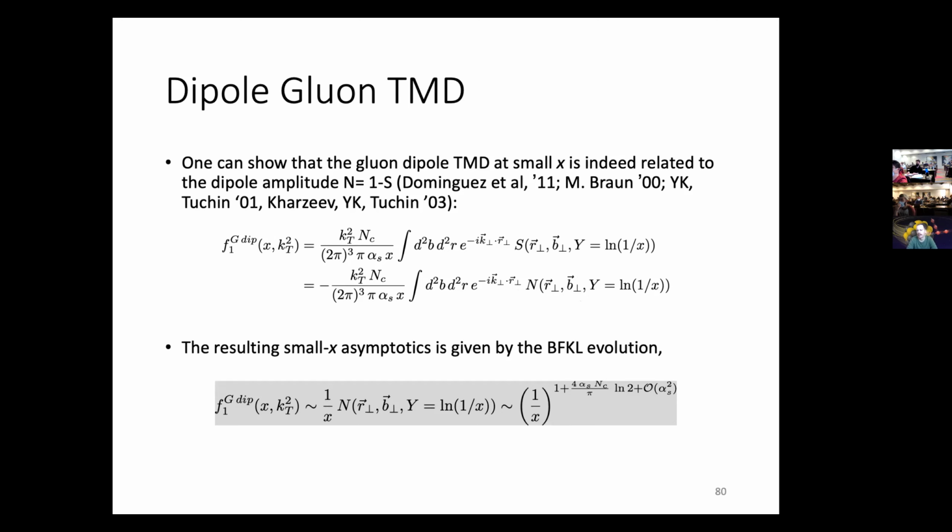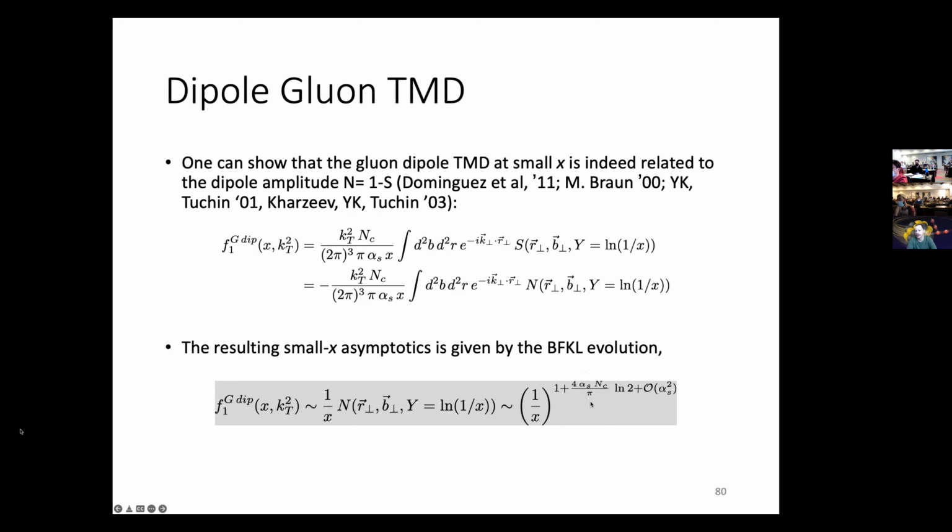If I'm interested in small x asymptotics of unpolarized TMD, but say I'm not going all the way into the saturation region, I just want to know before I hit the saturation region, what is the prediction? Then I just solve BFKL evolution for the dipole amplitude, and I get a power of x behavior for this dipole Gluon TMD. This number comes to 4 alpha_s N_c over pi log 2. So this is an alpha_s correction to the power 1. The 1 over x is just in the prefactor here.